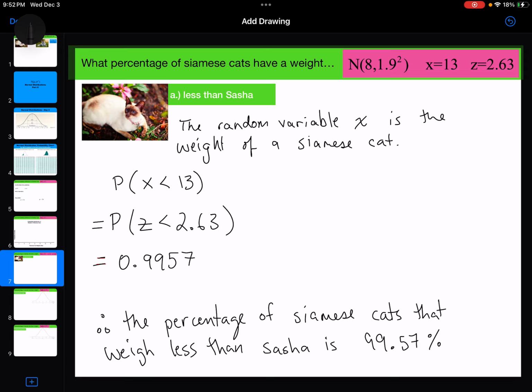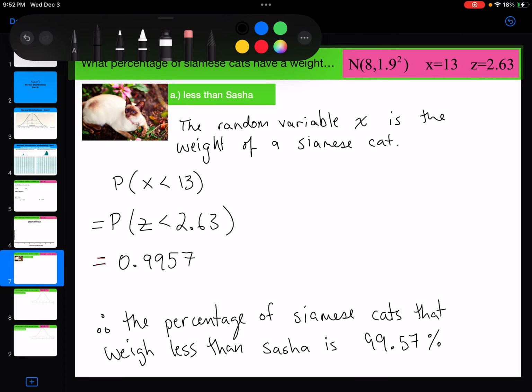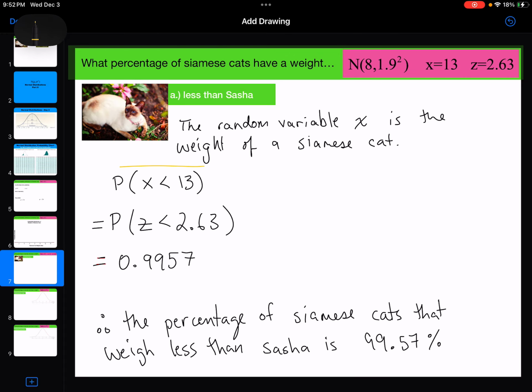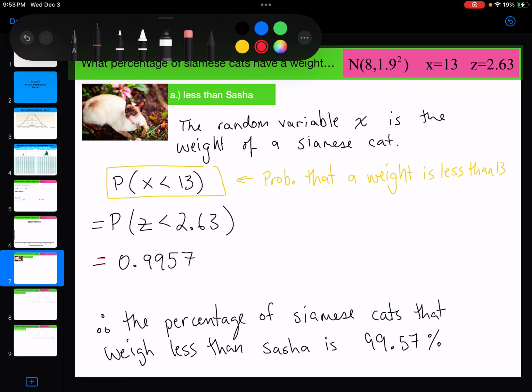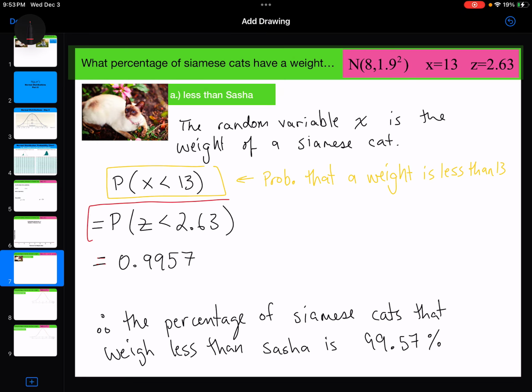All right. So let's again reinforce what the communication piece is, because we need all of this. Okay. So this particular piece here is looking at the probability that a weight, because that's our x, is less than 13. I can't look up a weight less than 13 on a chart, so instead I need to convert to a z-score. So this is now normalized.